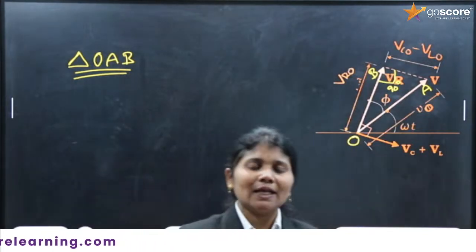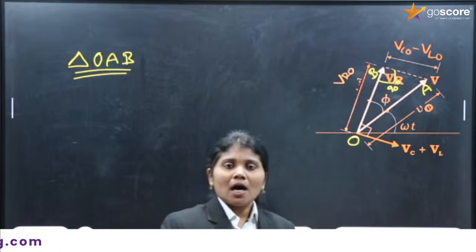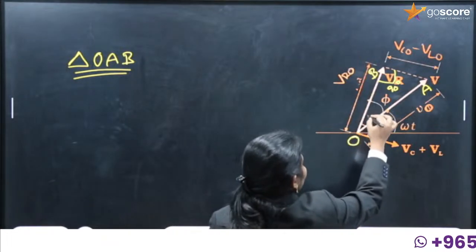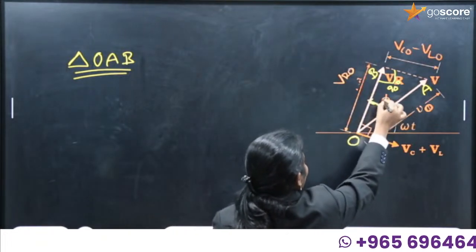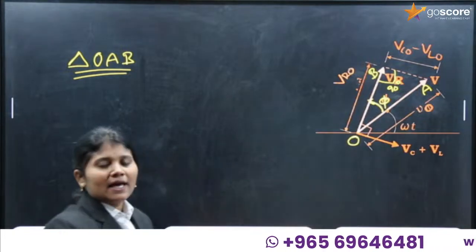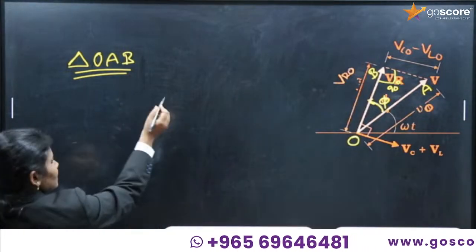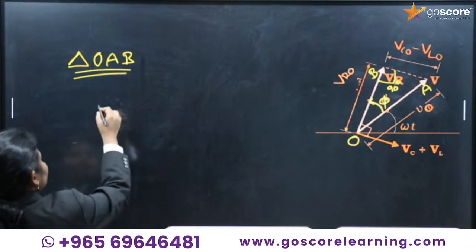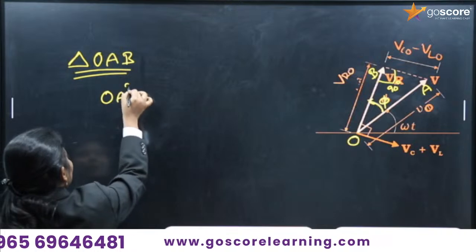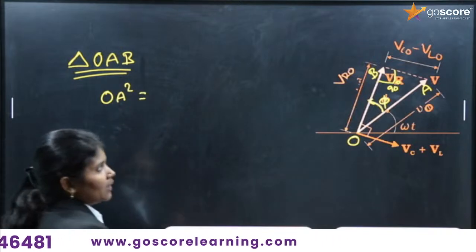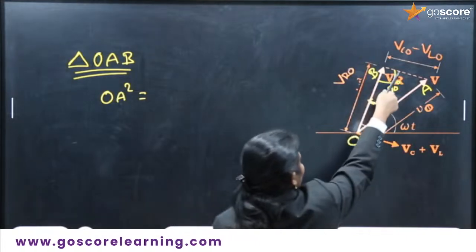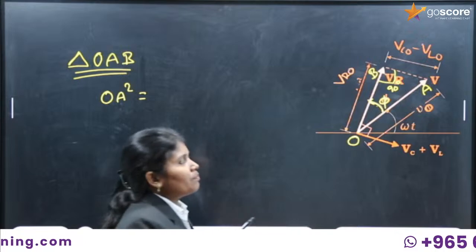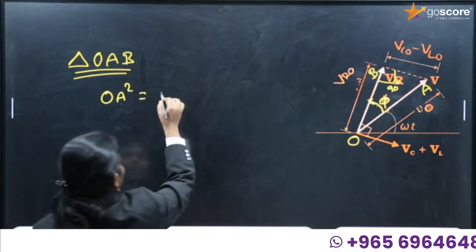Hypotenuse square is equal to adjacent square plus opposite square. Here it is angle phi. Then apply the Pythagoras theorem for triangle OAB. OA square, the hypotenuse square, is equal to the sum of squares of the other sides. For this angle, what is the opposite? VC naught minus VL naught.